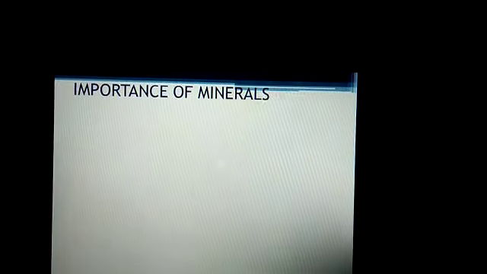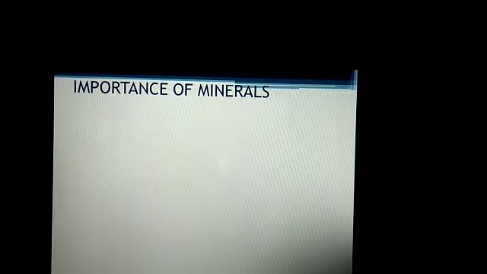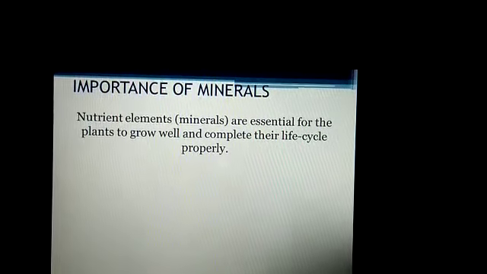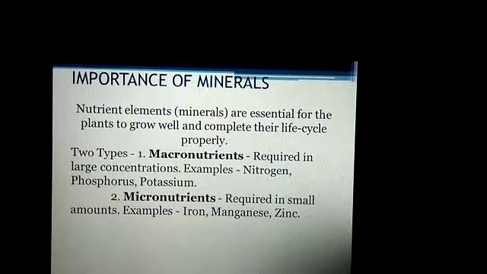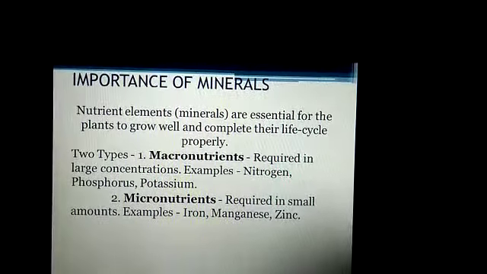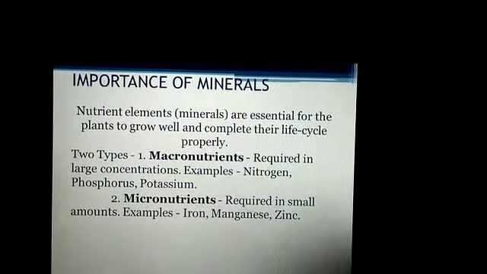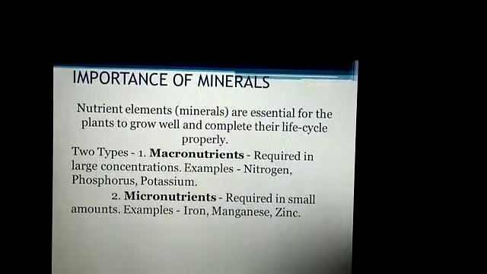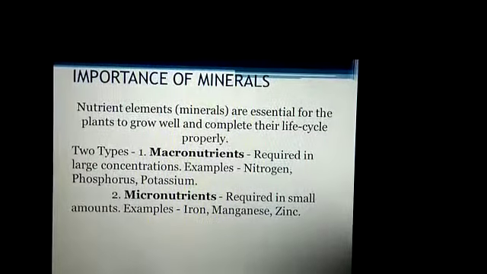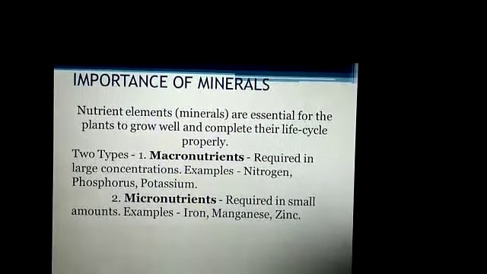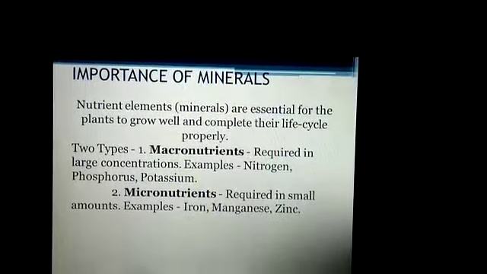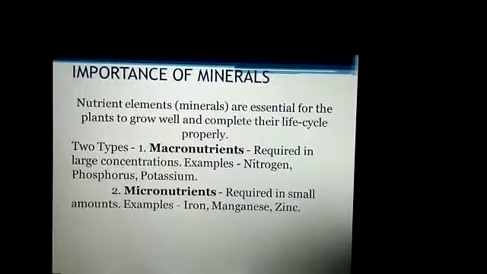Now the next and last topic of this chapter is importance of minerals. Nutrient elements are essential for the plants to grow well and complete their life cycle properly. There are two types of nutrients, macronutrients and micronutrients. First see macronutrients.